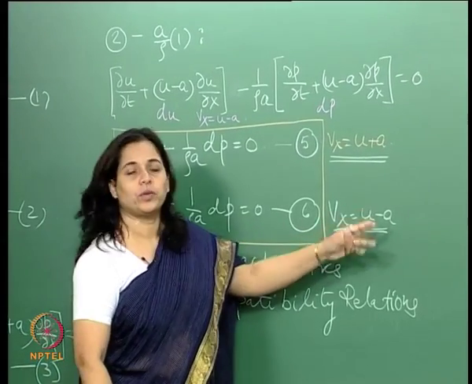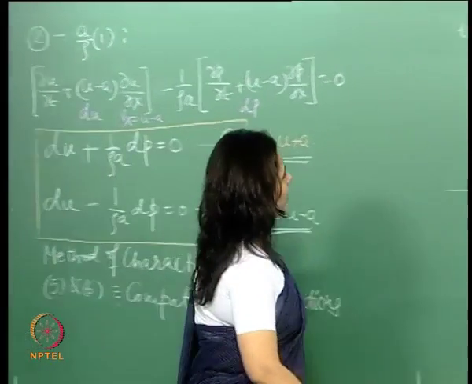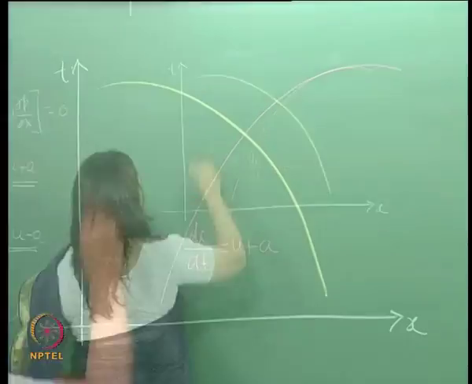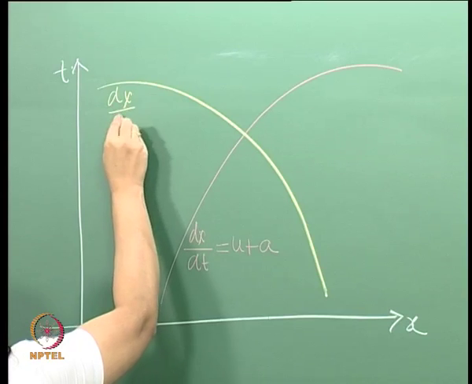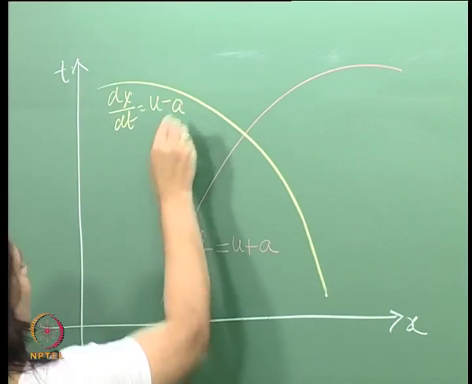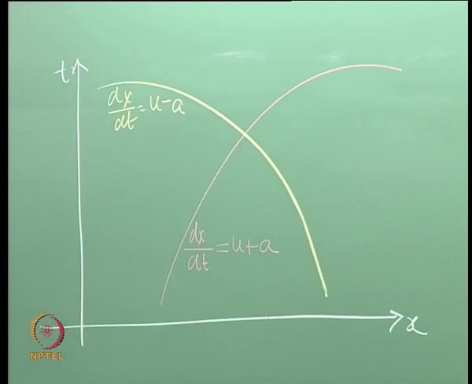For this one, it lies on another line which is moving opposite to the Mach wave. So we will have something like this, say, this line. Now these are the lines which are called characteristics.